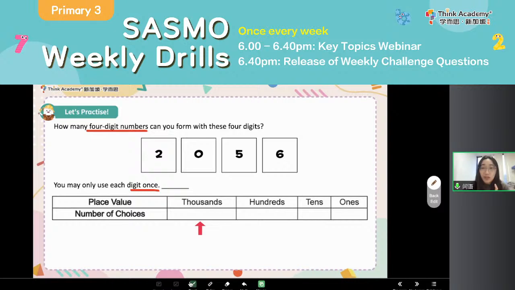If you cannot put 0 in the highest place value, that means how many choices are there for you to put the digit in the thousands place? You cannot put 0. That means you can put 2, you can put 5, you can put 6, right? In this way, there are 3 different choices for the thousands place.